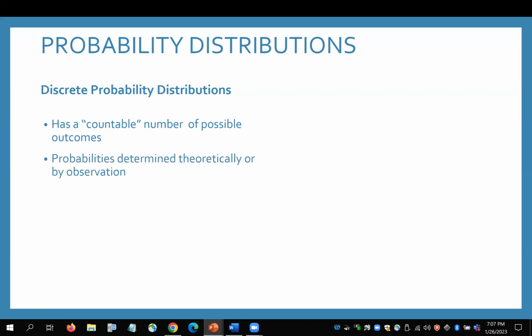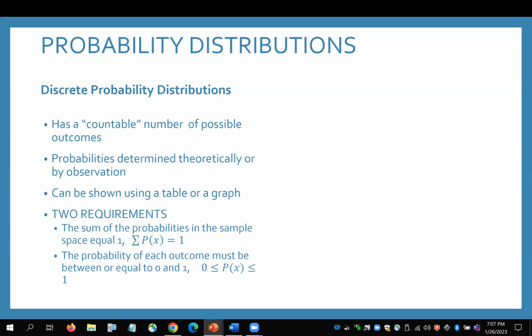The probabilities can be determined theoretically or by observation. Sometimes if we don't know about something, we can actually do research, and then based on the research and the patterns that we see, we can develop a probability for a particular event. Again, we can show or display the discrete probability distribution in a table form or as a graph.